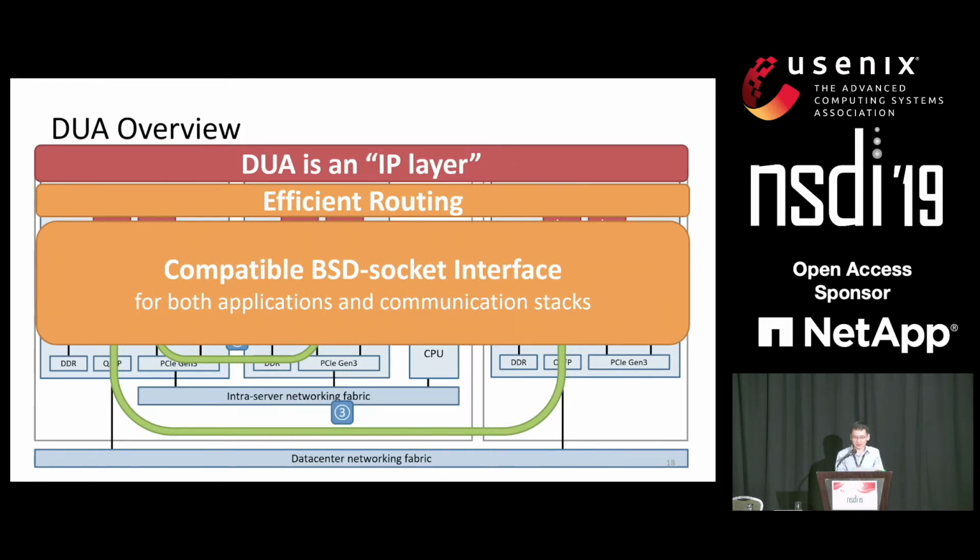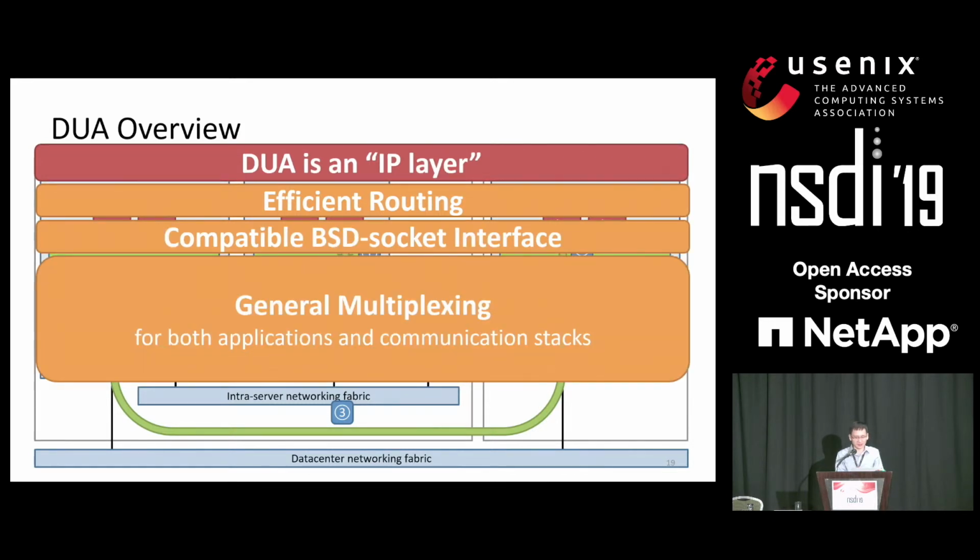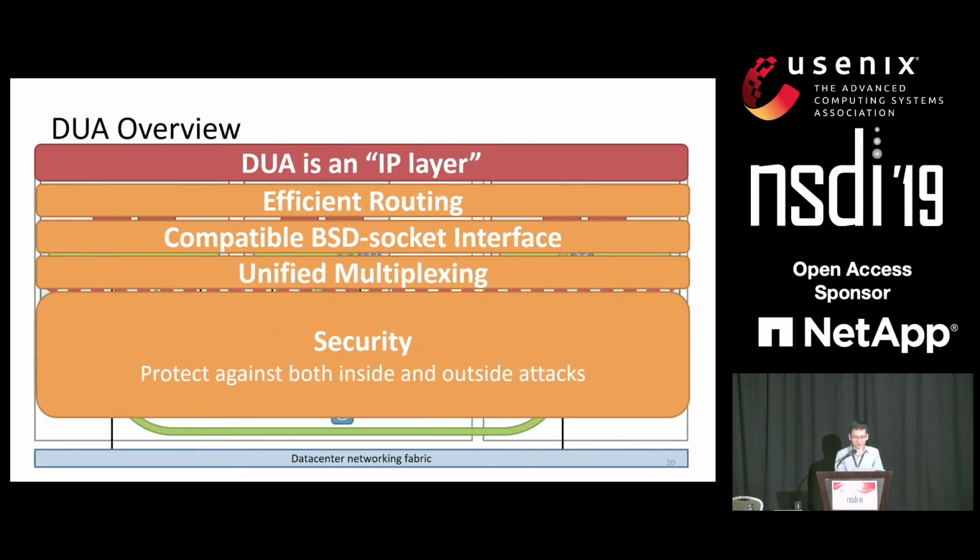Communication stack development can also benefit from the unified interface. The third feature is that DUA provides general multiplexing for applications and communication stacks. Programmers need not care about implementing a multiplexer anymore.